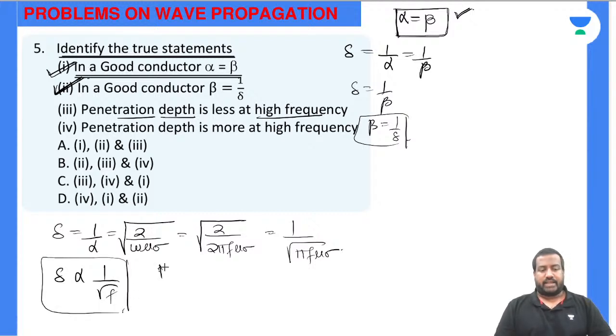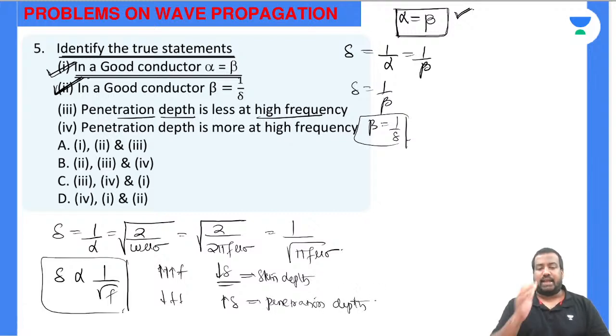At higher frequencies, penetration depth is very small, and this small penetration depth is called skin depth, and at lower frequencies penetration depth is more. Generally you call it penetration depth only.